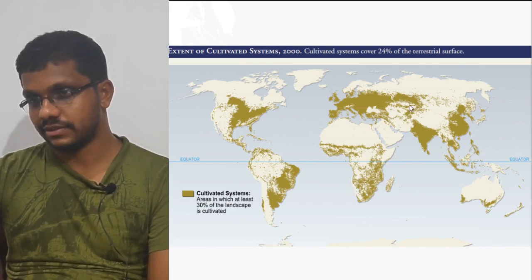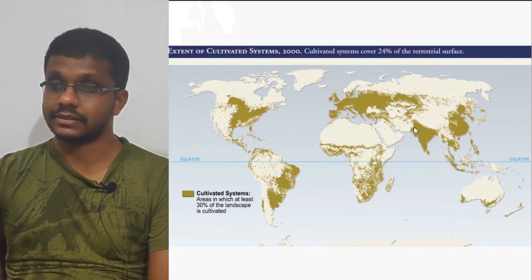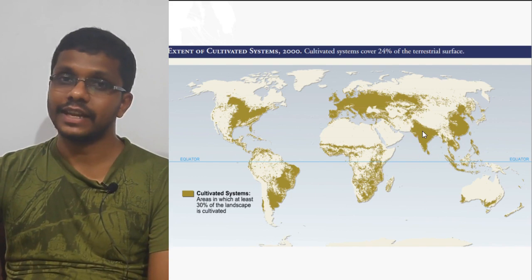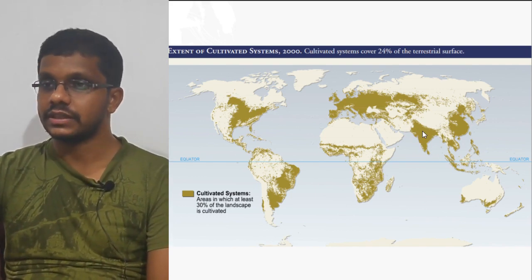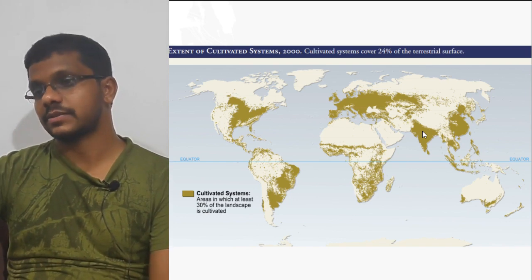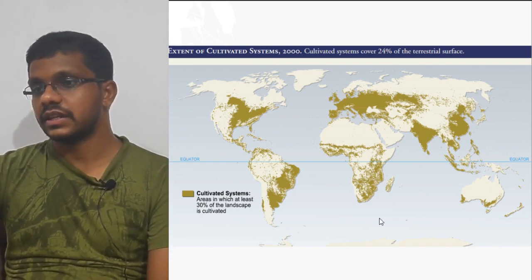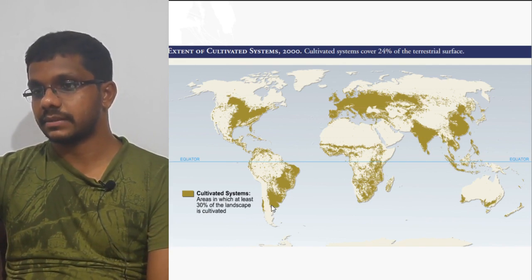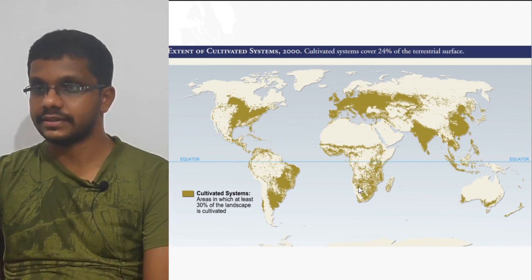So you can see, if you consider the case of India, almost all the areas have been converted for agriculture, so the natural habitat for many of these species has been lost. So eventually, these organisms will go extinct. You can clearly see where all this cultivation has heavily intruded into these habitats.